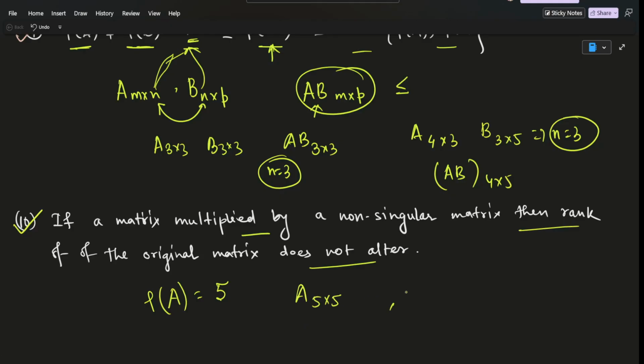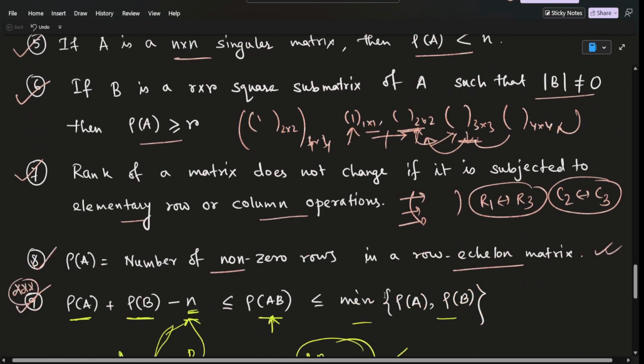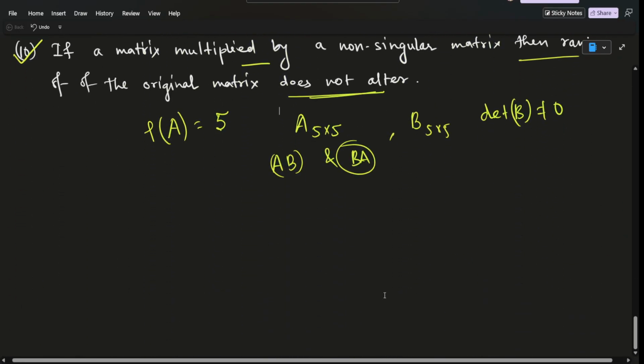Now if B is a 5 by 5 matrix such that determinant of B is not equal to 0, then if we multiply AB or BA, the rank of the original matrix does not change. Fine. So these are the 10 most important properties related to rank.